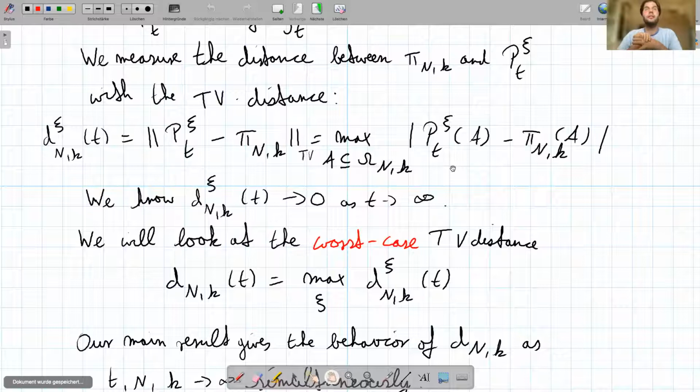In order to measure this distance, we use the total variation distance. So we define a function d_{n,k}(t) of xi, which at time t is equal to the total variation distance between the law of the process at time t and the stationary measure pi_{n,k}.